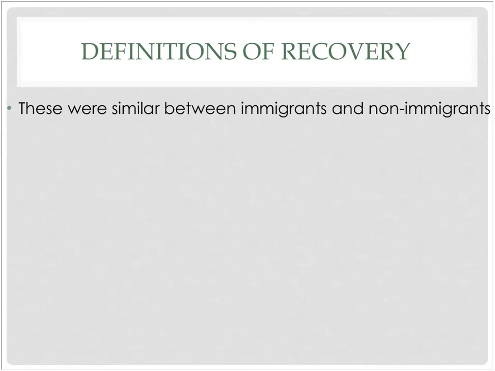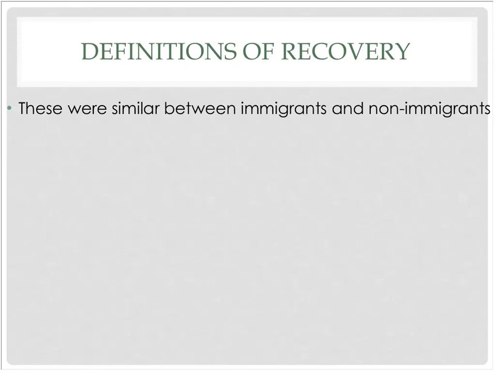Housing was a common theme between immigrants and non-immigrants. Some of the people in our studies lived in halfway houses, or in a bedroom in a house with a lot of other people, family or non-family, and said having a place that they could call their own, with a door and a key, was very important. That was part of recovery for them. Social engagement, being more socially engaged in the community, was another. So those were the main factors, and we did a real systematic comparison between immigrants and non-immigrants.